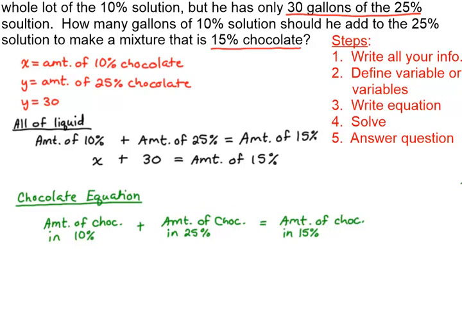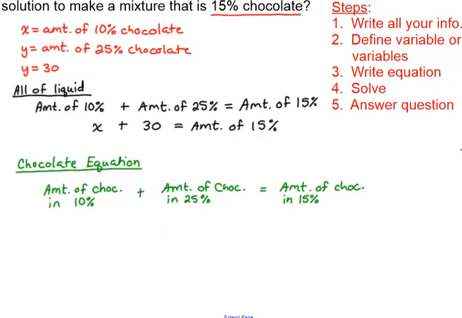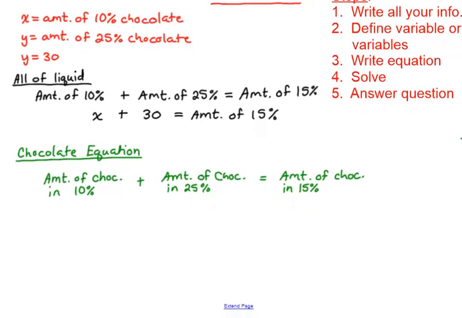Okay, now here's how we figure out the amount of chocolate. To figure out how much chocolate is inside the 10% solution, we basically multiply by that percentage.